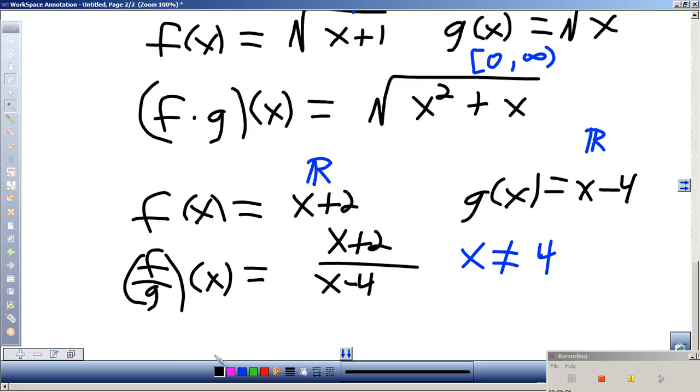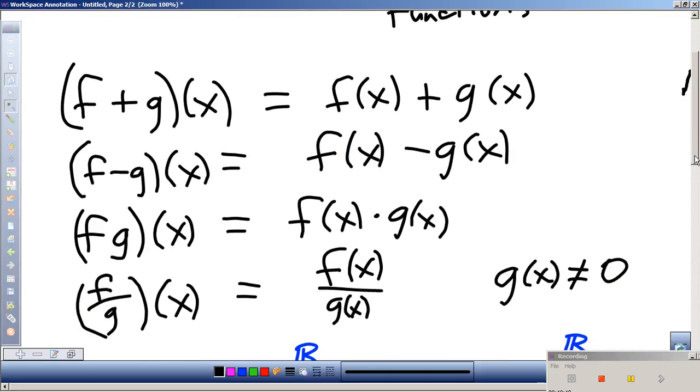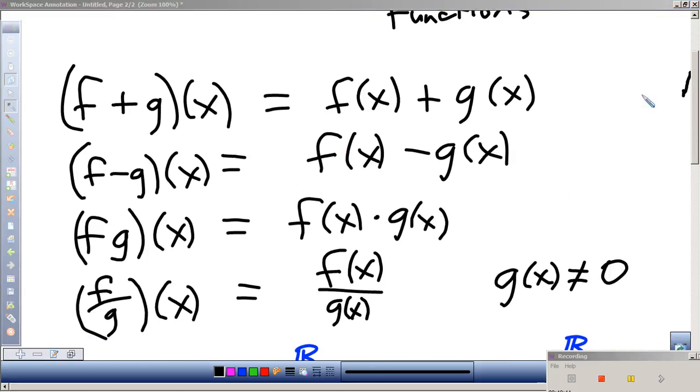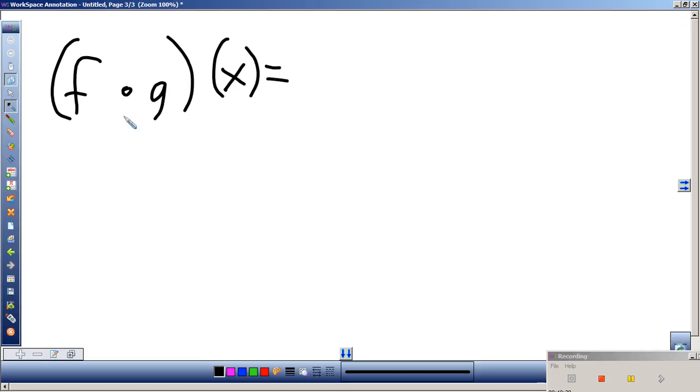Now, one more type of composition we're doing. So here we had addition, subtraction, multiplication, and division. This one is generally considered a composition of functions. Have you seen that notation before?